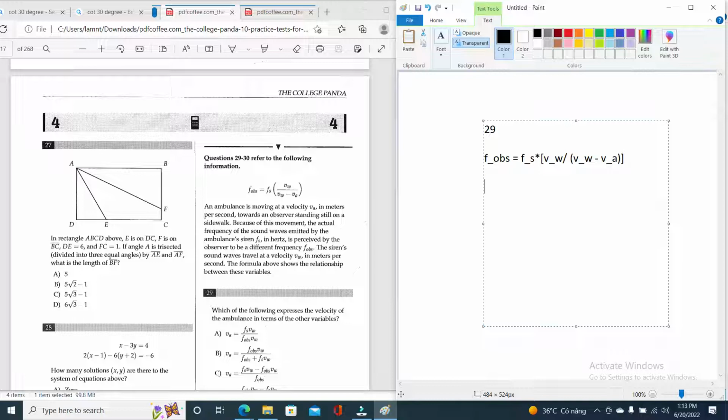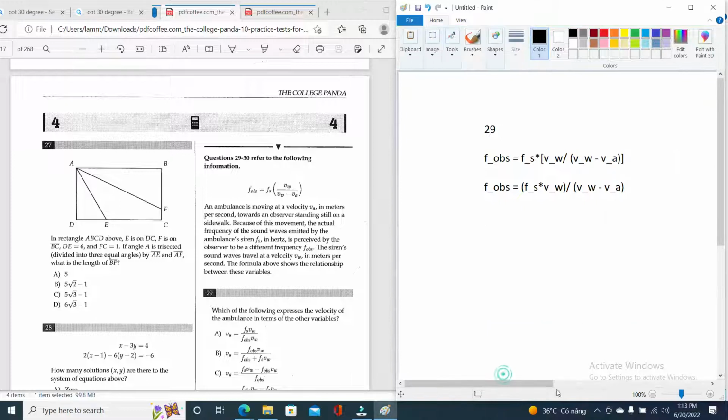So now we have to find VA, right? So now we have that F observed is actually FS times VW over VW minus VA, because we just multiply FS in, right? So we're going to try to extract VA out.